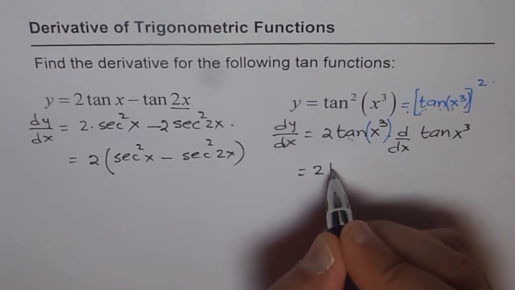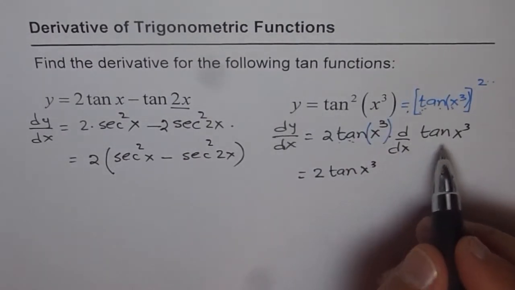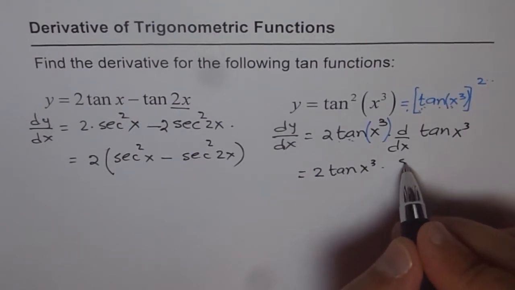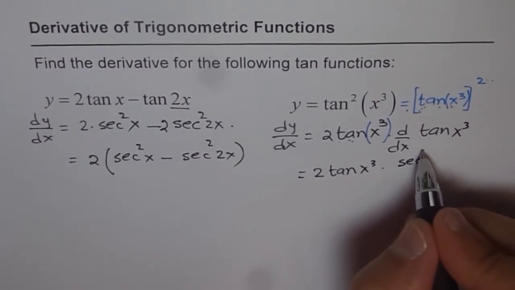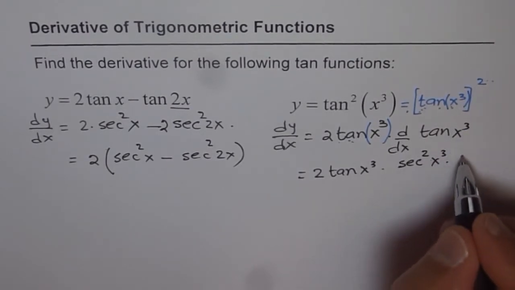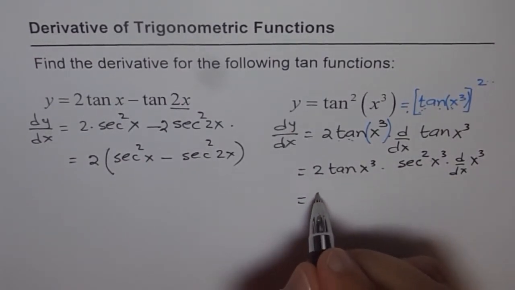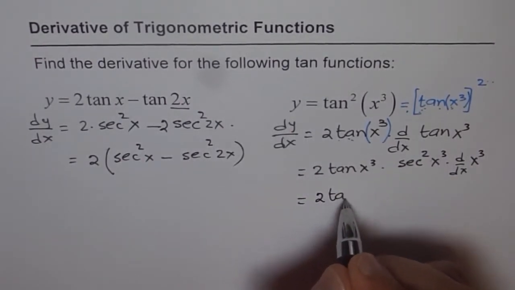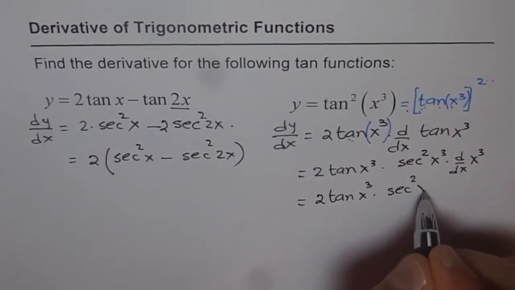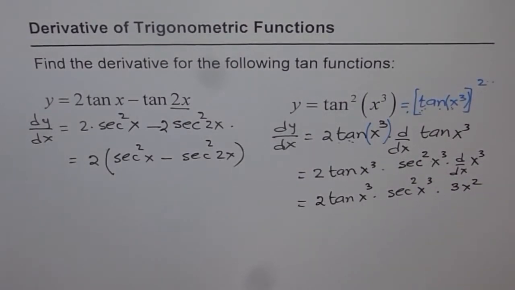So we have 2 times tan x cubed. This x cubed is basically the angle. And the derivative of tan x cubed is secant squared, where the angle is x cubed, times the derivative of the angle, d dx of x cubed. So this gives us the answer as 2 times tan x cubed times secant squared x cubed times 3x squared.